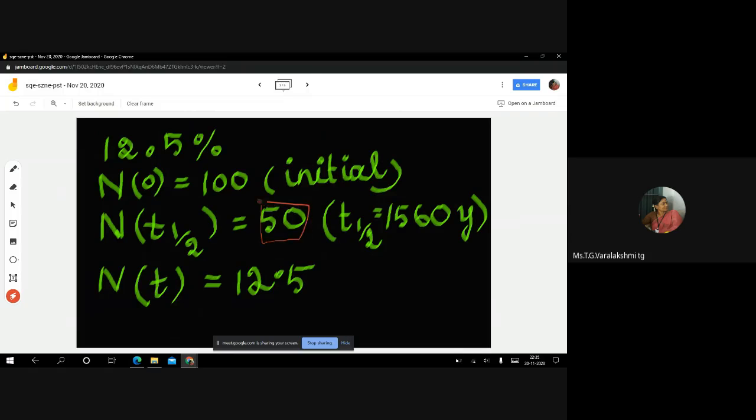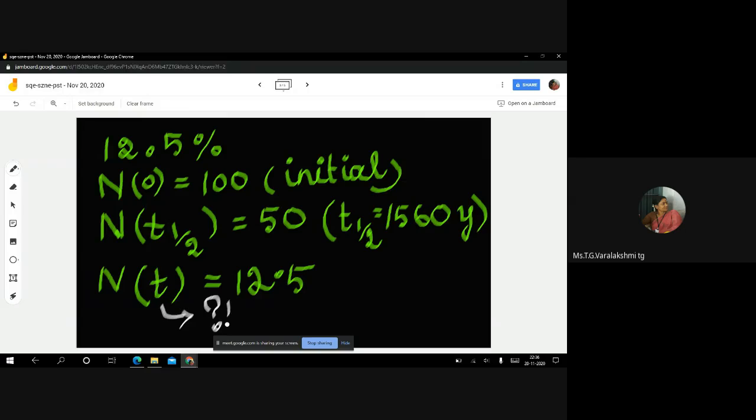That is the number of radioactive nuclei at its half-life period. And the number of radioactive nuclei at time t is 12.5. Now we are going to find this t.